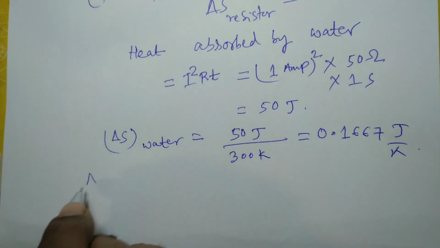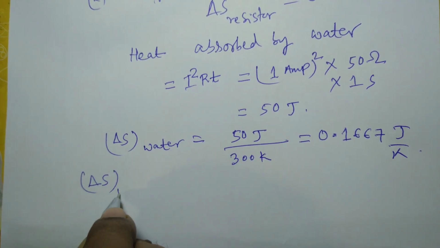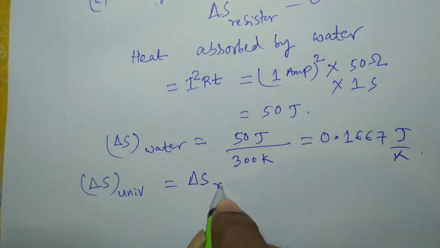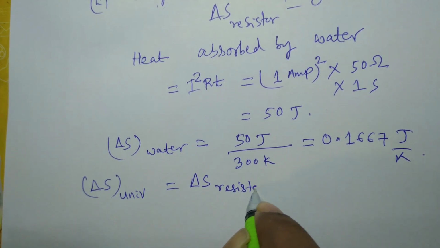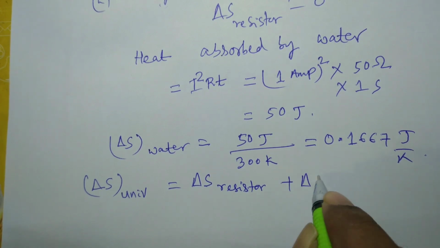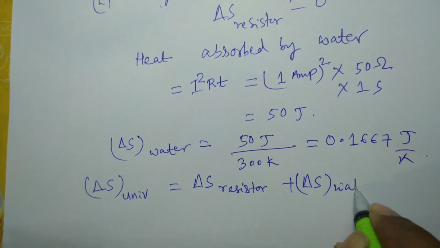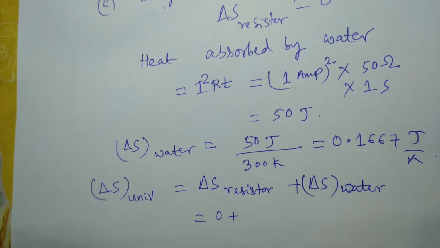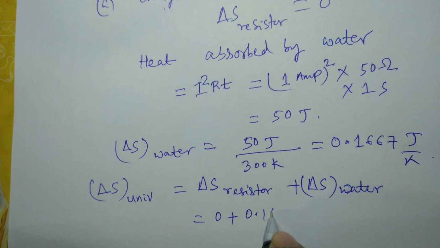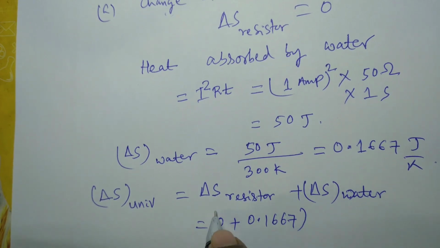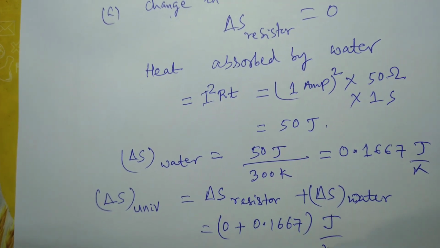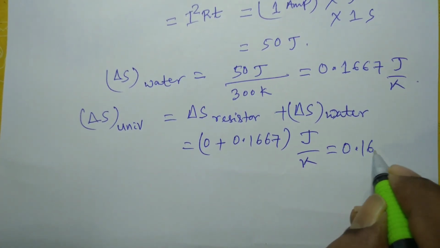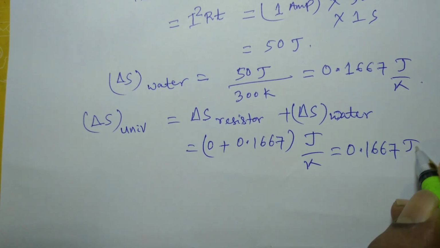If you want to calculate delta S of universe, that is equal to delta S of resistor plus delta S of water, is equal to 0 plus 0.1667 joule per Kelvin. This is equal to 0.1667 joule per Kelvin.